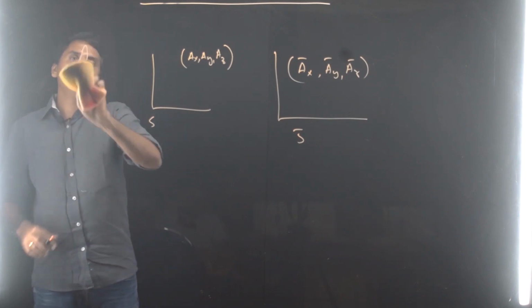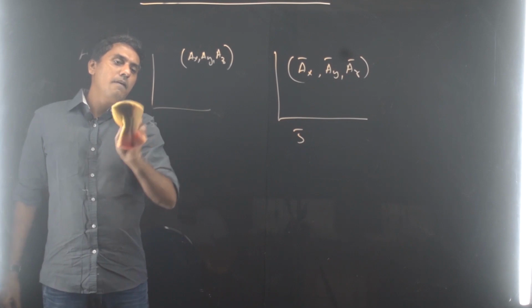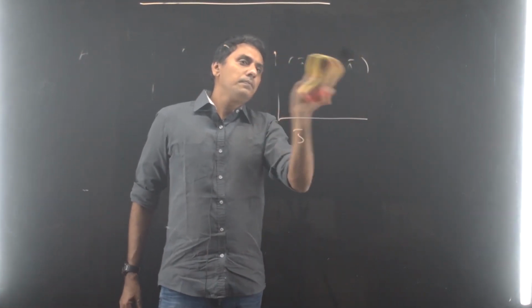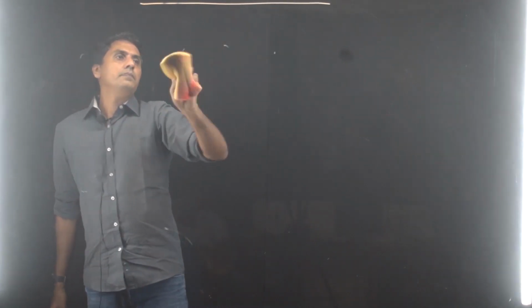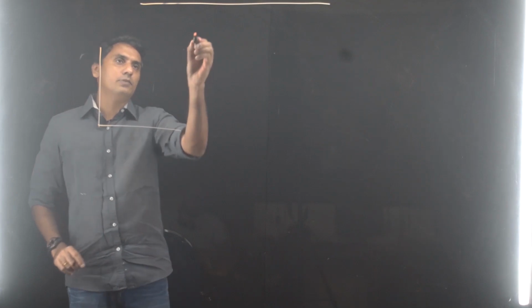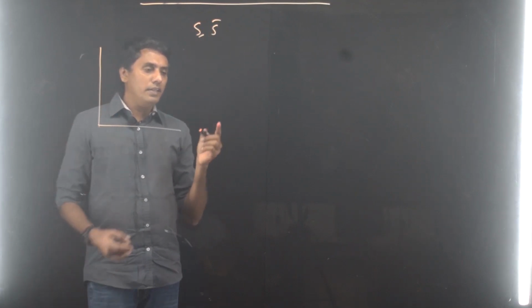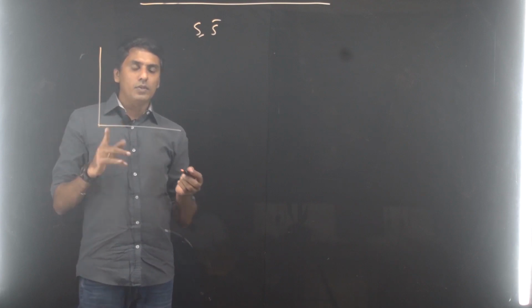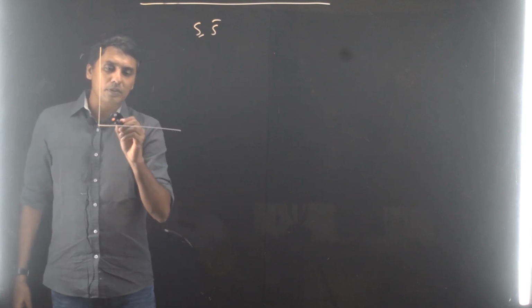Let's understand it more clearly. Suppose you have coordinate systems S and S bar, where the z axes of S and S bar coincide.